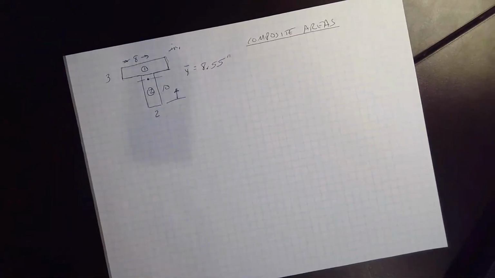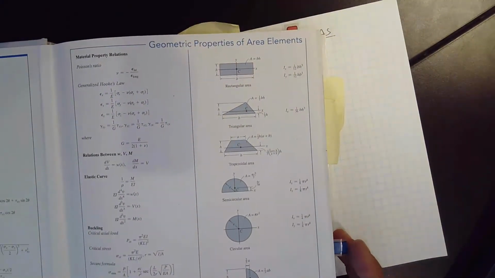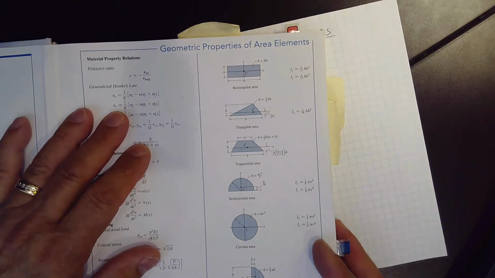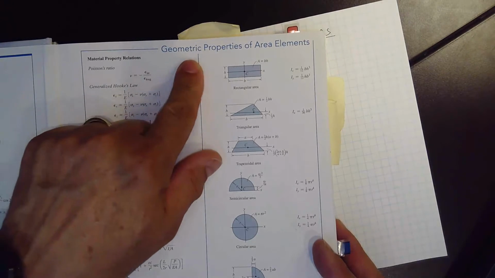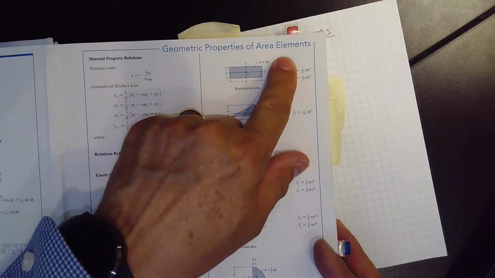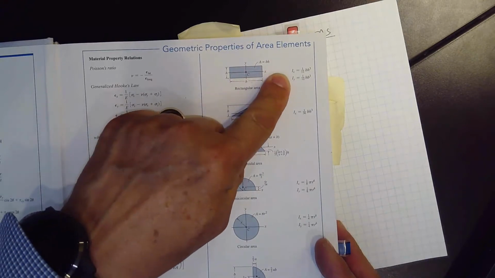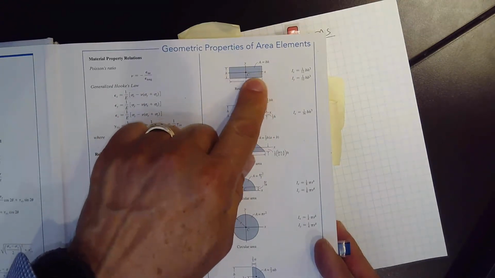So where do we get that? Well, once again, you go to the end pages of your book. Right here on this end page, it tells you geometric properties of area elements. Here's a rectangle. It's 1/12 BH cubed. That's the moment of inertia about the centroid of that element.